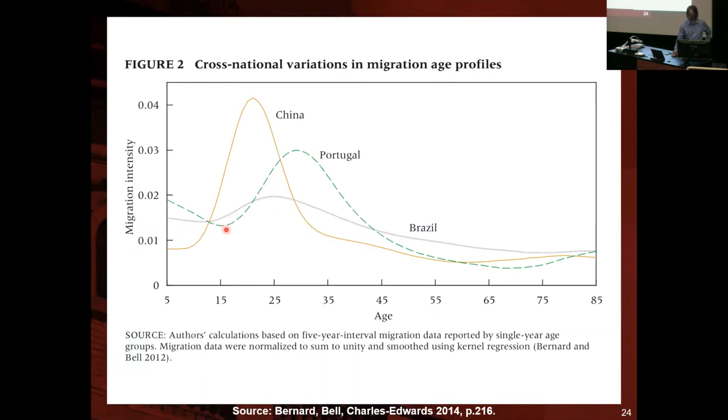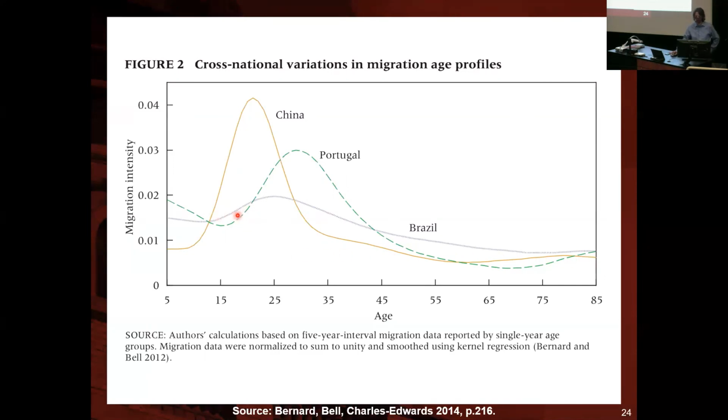In Portugal, the highest chance of migrating is a little older, usually when people finish college, and then the chances of migrating decline among people who start to have a more stabilized life. And the rates of these parents here kind of mirror the rates of these children. So these are children migrating with their parents. And you see in Portugal at later ages, people migrating more, exactly moving to those institutions that take care of the elderly population, or moving to relatives' houses that will take care of them.